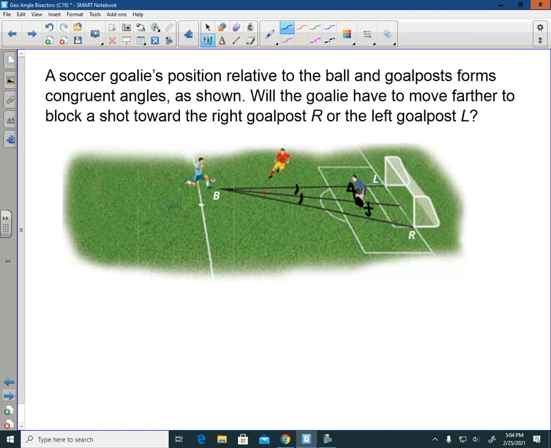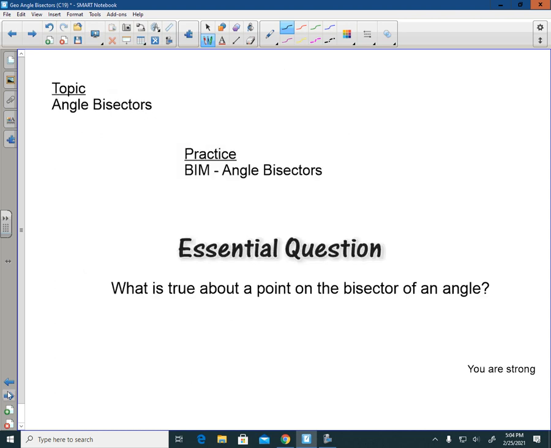And the answer is neither. Because the goalie is a point on the angle bisector, that goalie is equidistant from the sides of the angle and therefore will not have to move any further one direction or the other. It's a very fortunate place to be, actually, because they have the best potential at that point to block that shot.